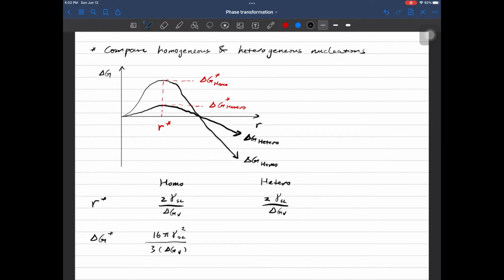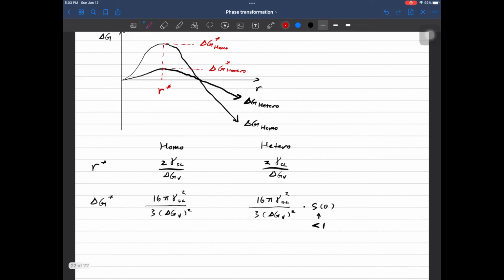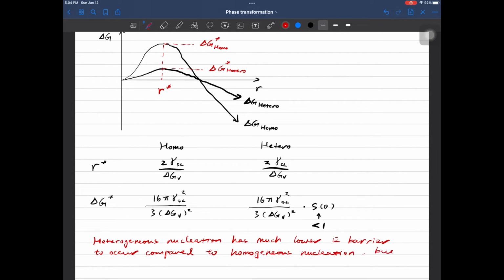The heterogeneous case is actually very similar to the homogeneous case. We can just copy and paste. After copy and paste, all we have to do is to multiply this expression by S(theta), the quote-unquote correction factor. We also know that S(theta) is less than 1, therefore the delta G star for the heterogeneous case is always smaller than the delta G star in the homogeneous case.